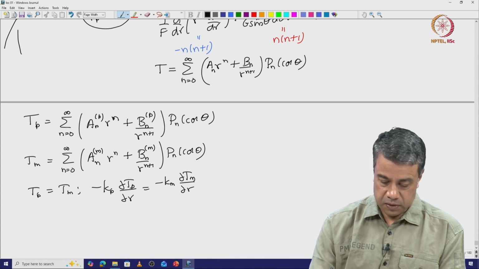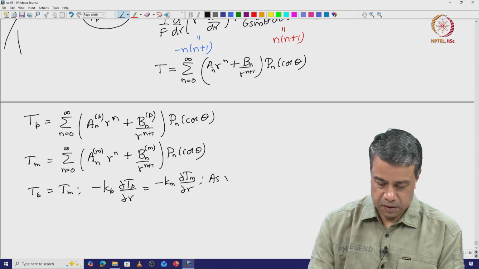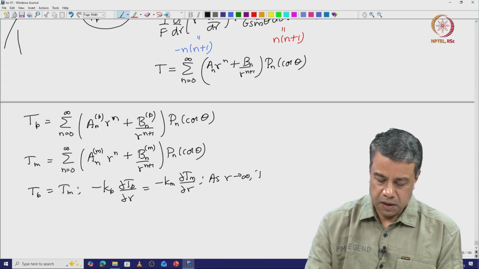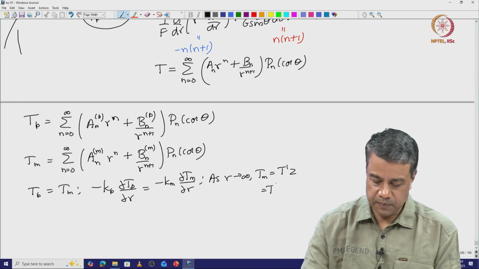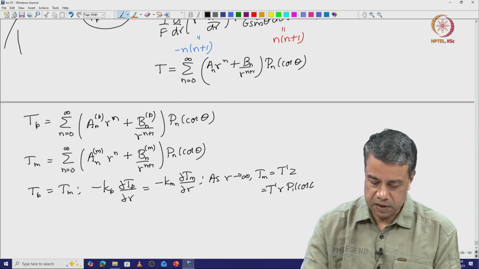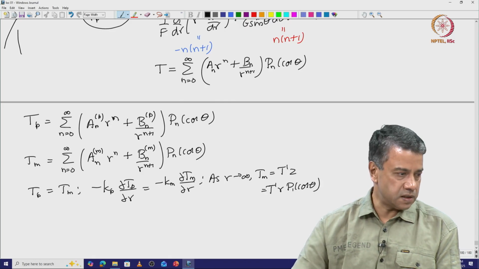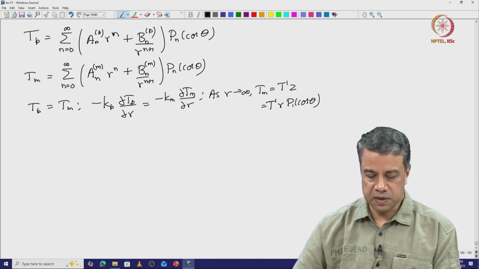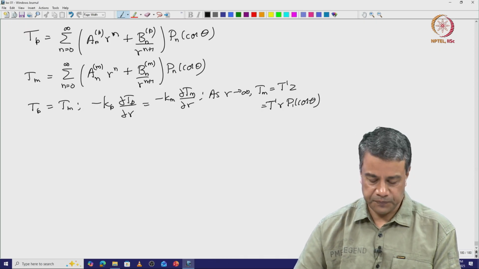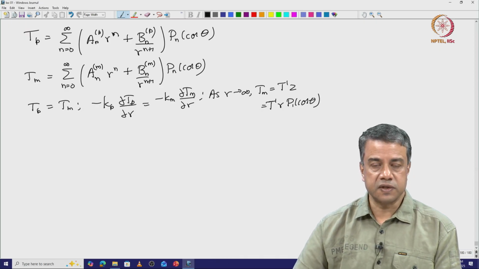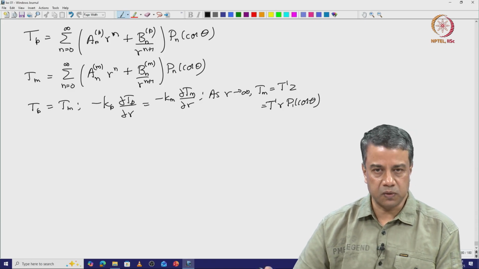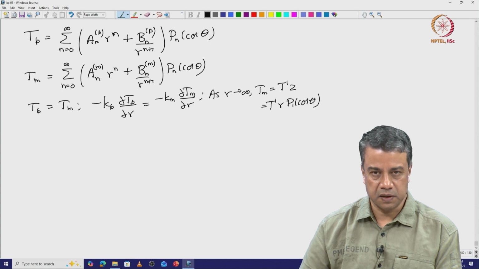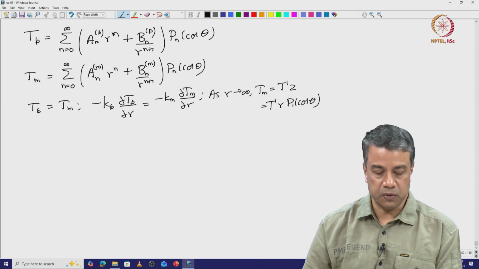And as r goes to infinity, T in the matrix is equal to T prime z, which is equal to T prime r into P1 of cos theta, because P1 of cos theta is equal to cos theta itself. So, that is the temperature as r goes to infinity. Since there is forcing only proportional to P1, there is no forcing proportional to P0, P2, P3, P4, etc. There is forcing only proportional to P1.